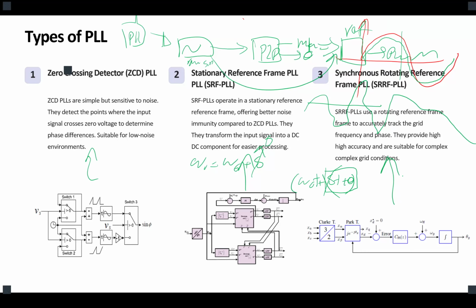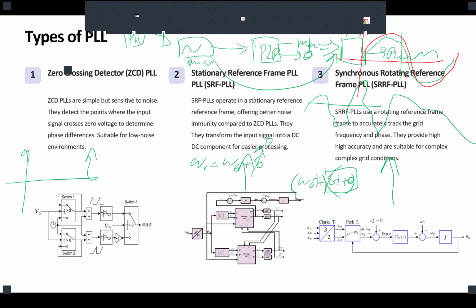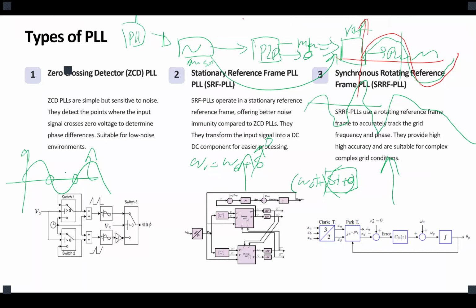So if you have a sinusoidal, it would count the crossings of zero, and based on that it counts how many alternations you have, ergo the frequency. Very simple. But it comes with a cost. What is the cost?